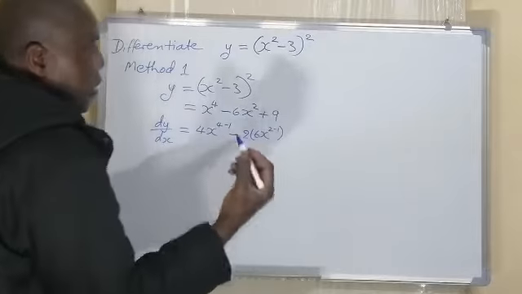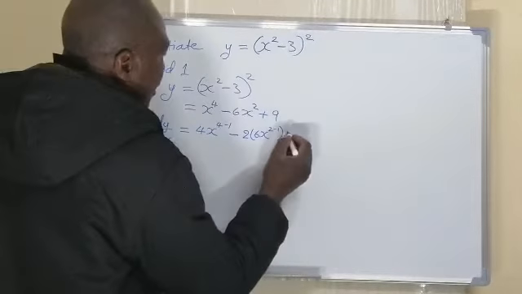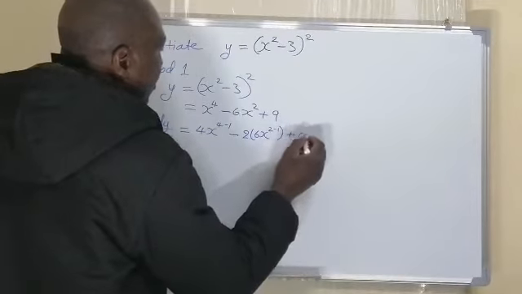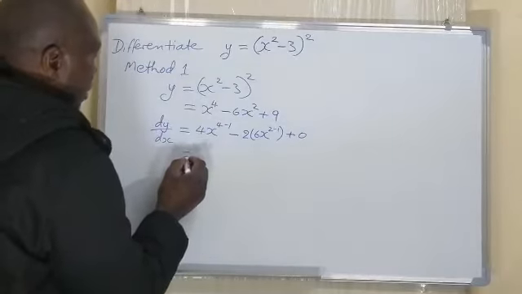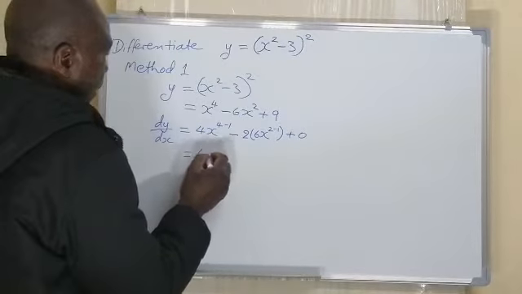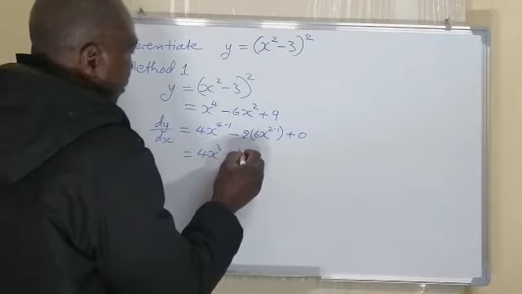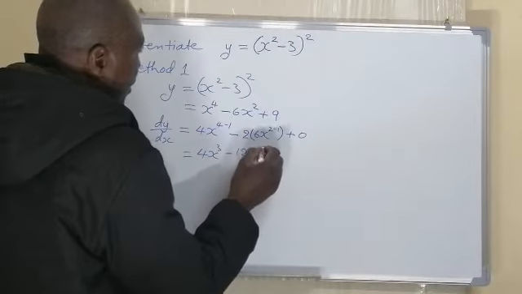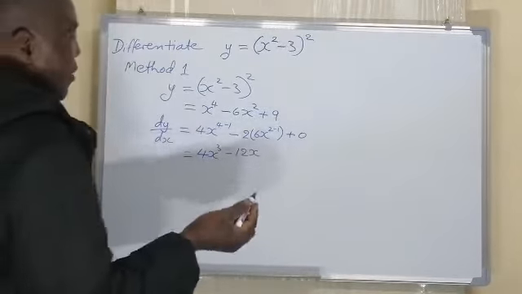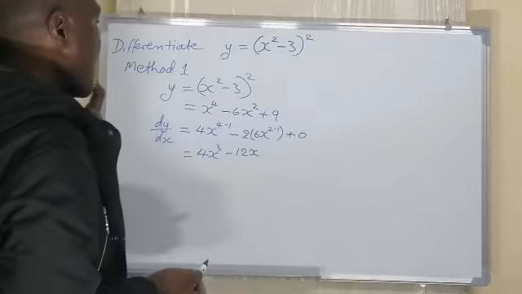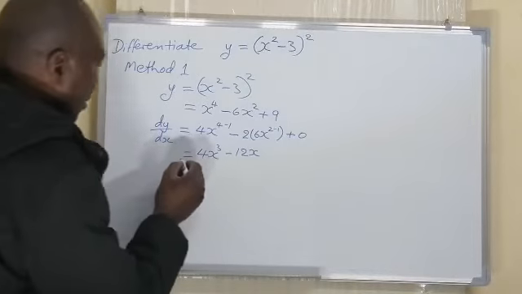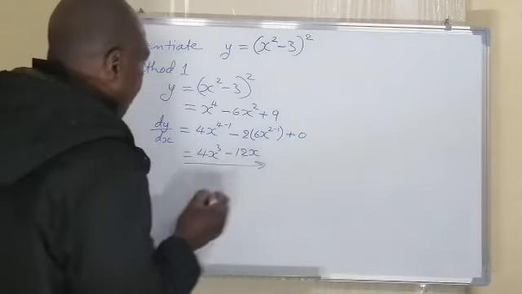And differentiation of a constant is 0, plus 0. This then will give us 4x to the third minus 12x, just like that, because 2 minus 1 is 1. This is the first method.